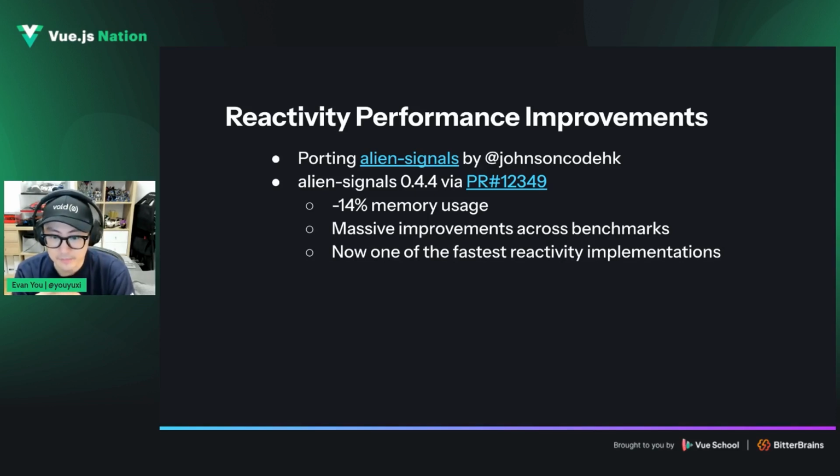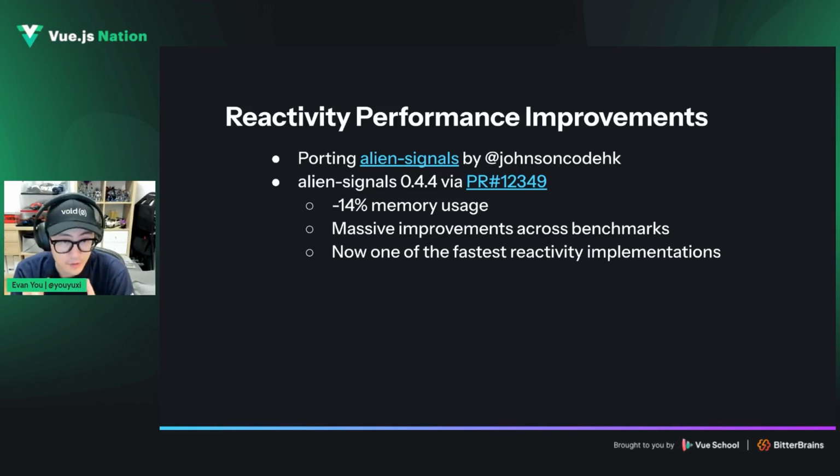But it turns out he was able to develop Alien Signals into a version that is able to cover most of the use cases needed, not only in the official signals part of it, but also cover the needs of Vue.